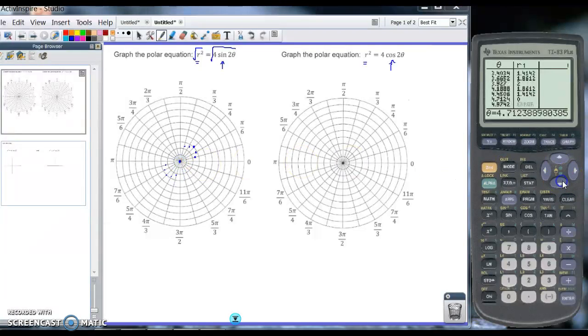And then if we go into that next quadrant, we have all errors again. So in that second and fourth quadrant, we don't actually have any graph. And so what we end up with is this kind of figure 8 looking thing.